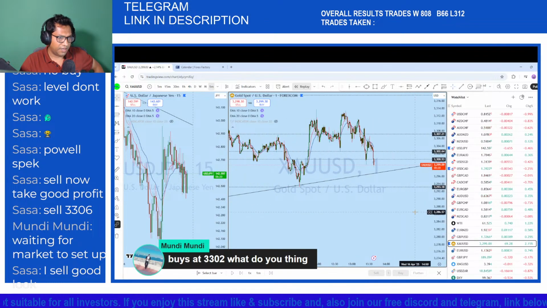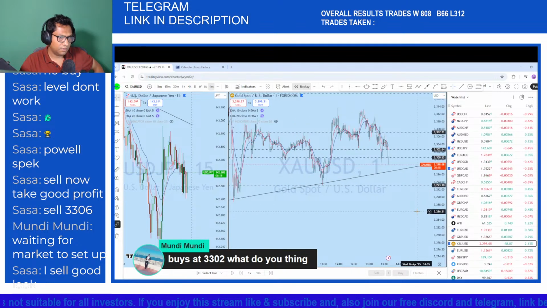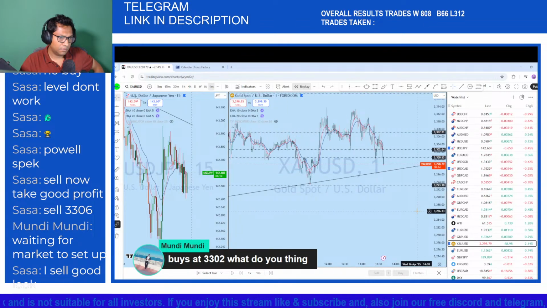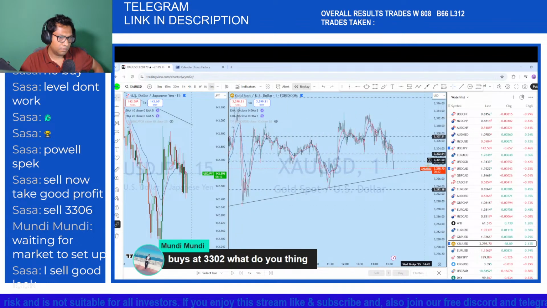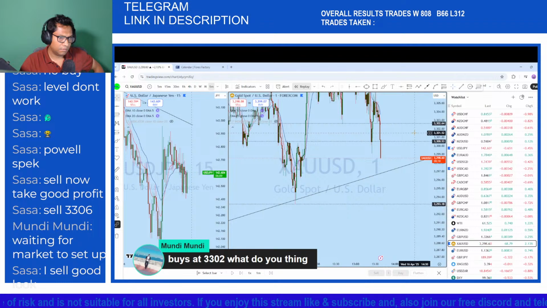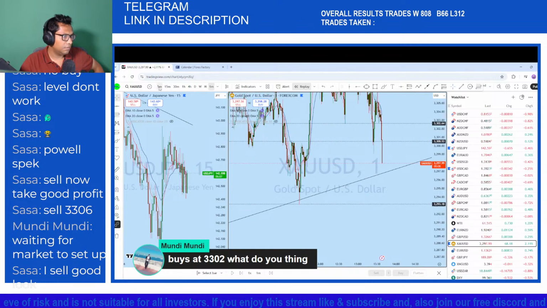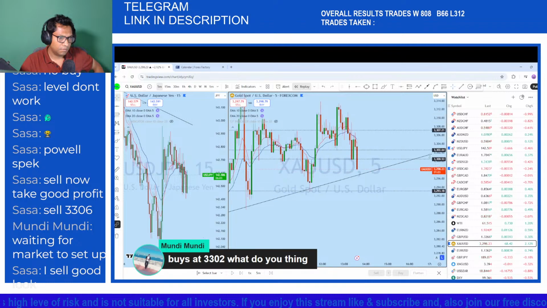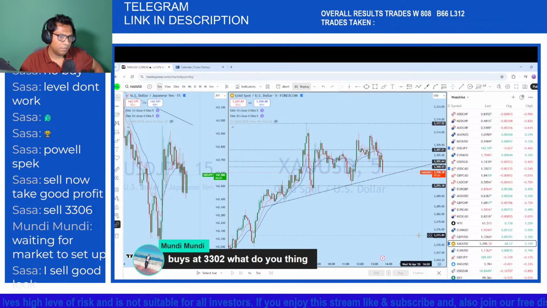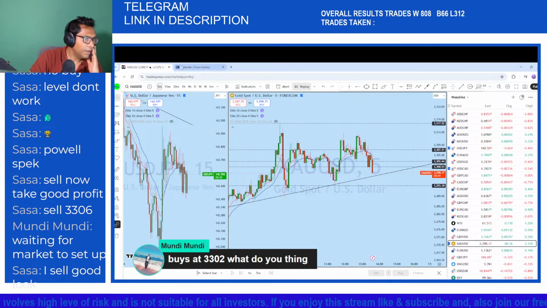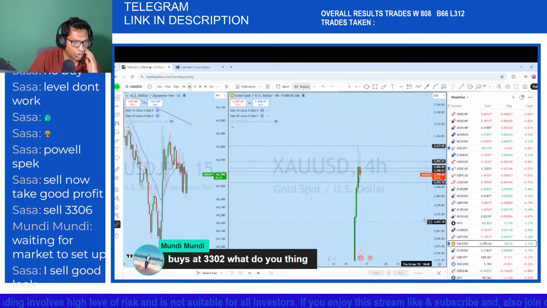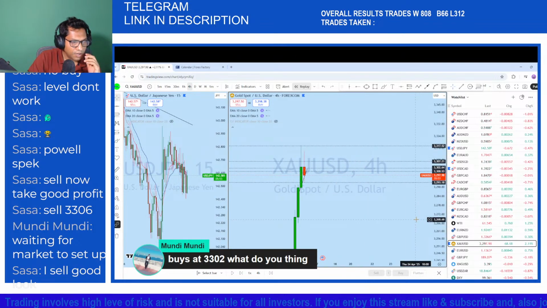Okay, dropping back here to the support level. And on the 4-hour time frame, we see the previous low is 3293.